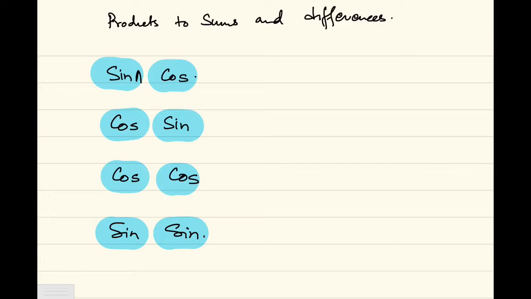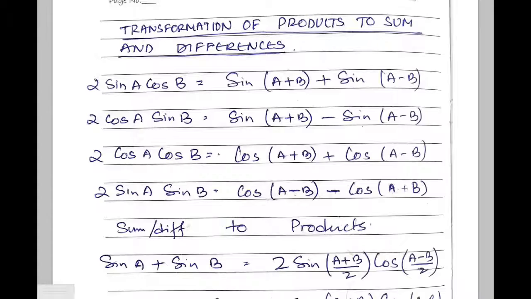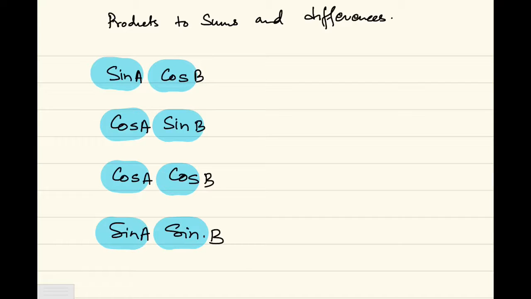Then I'll write a b and a b. So that becomes sine a cos b, cos a sine b, cos a cos b, and sine a sine b. If you check out the combination, it is exactly the same: sine cos sine, cos sine. Did you see that, everyone? Yes. So again: sine cos sine, cos sine. That's how you remember it.